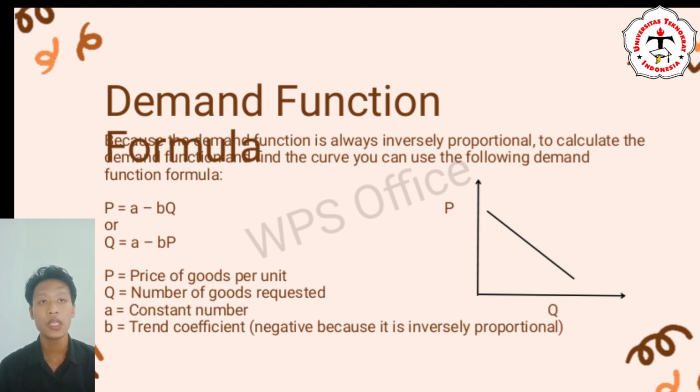P equals A minus BQ, or Q equals A minus BP. P equals price of a good per unit, Q for number of a good requested, A for constant number, and B for trend coefficient, which is negative because it is inversely proportional.